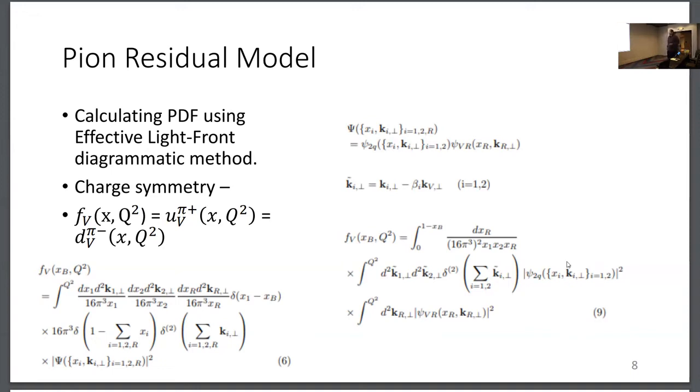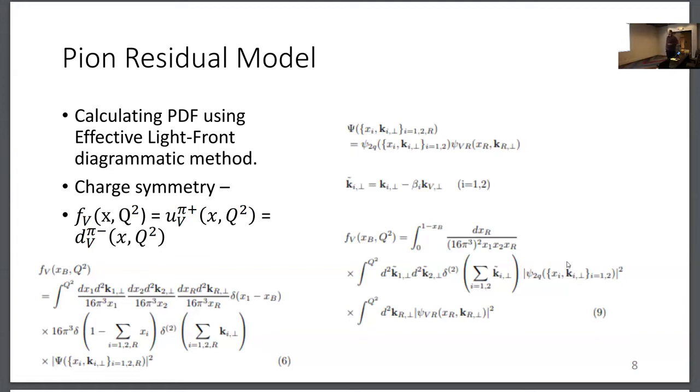And so this is an expression that you can find in Kirchhoff. Here, this is for all X equals 1. This is for momentum, transverse momentum. And this is the wave function.